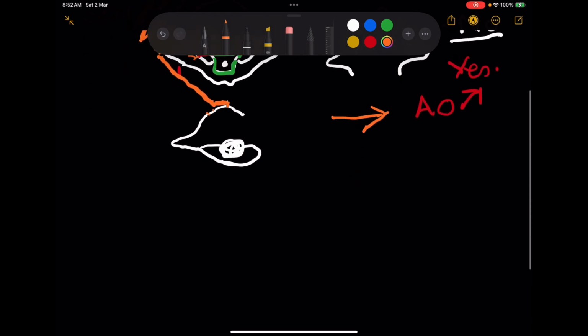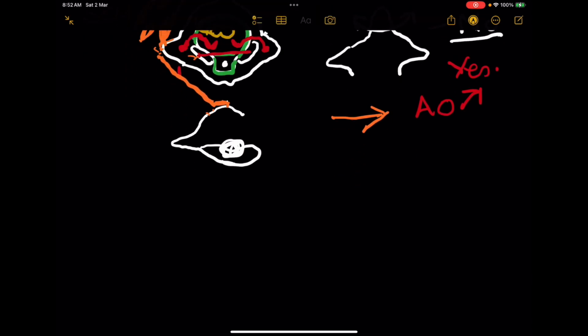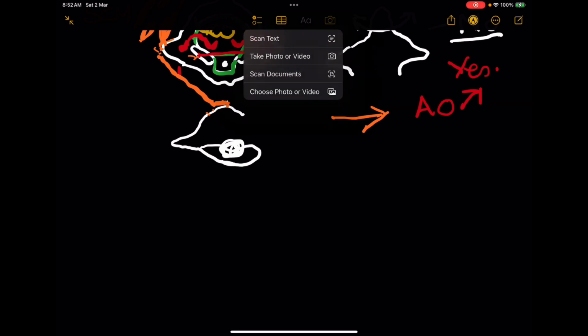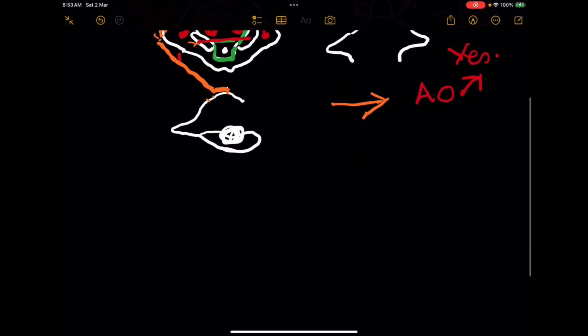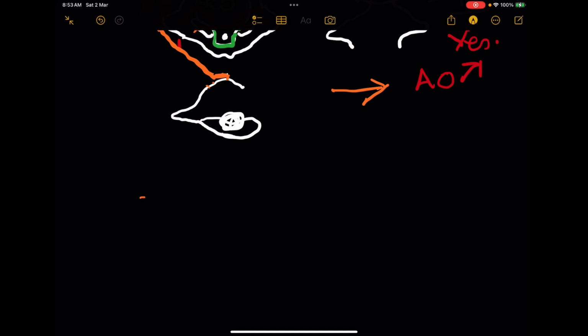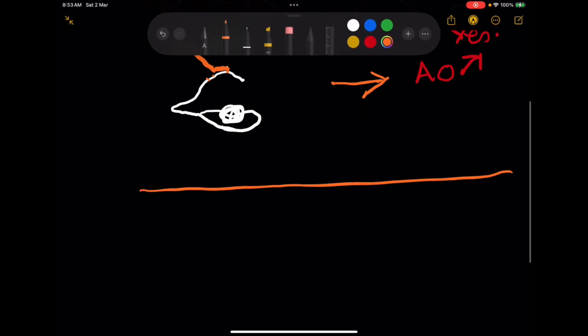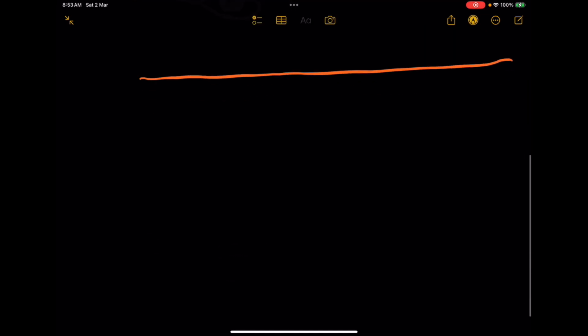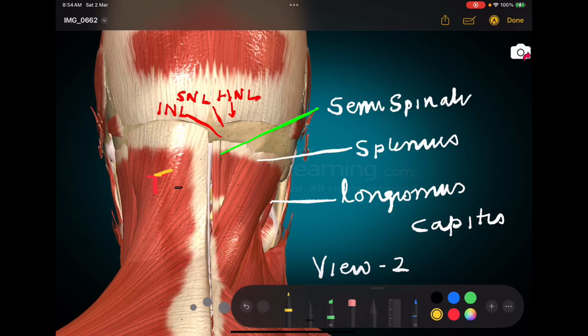Let us try to place a picture here which shows you layer by layer. This is the trapezius.